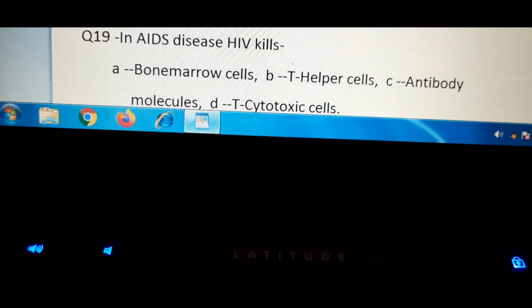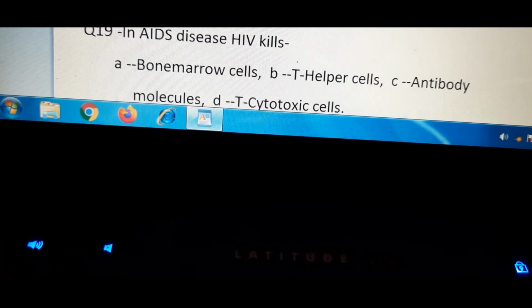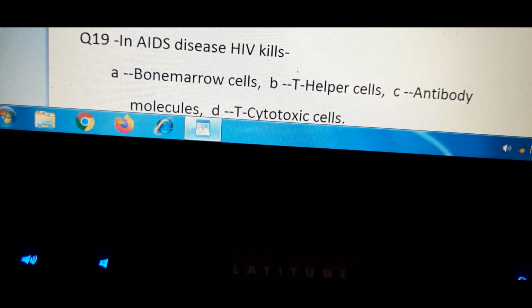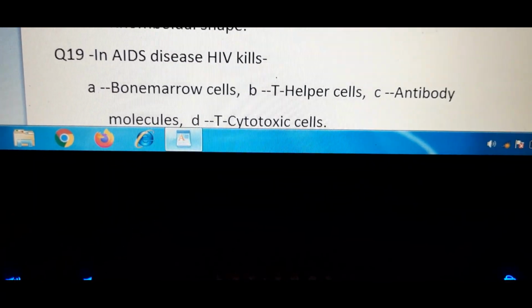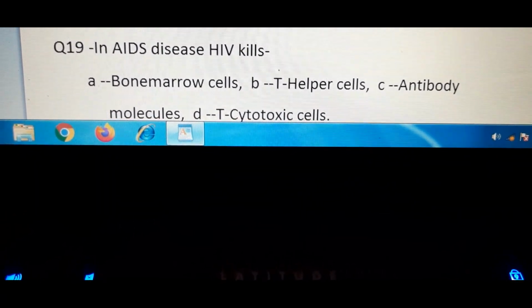They're actually lymphocytes, one type of WBCs. T stands for thymus, forming in the thymus gland.